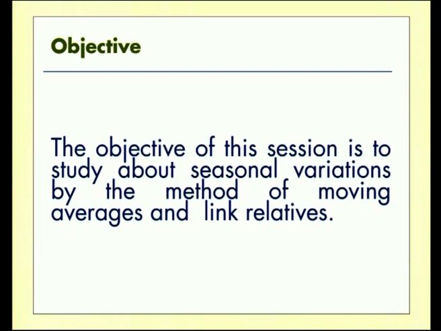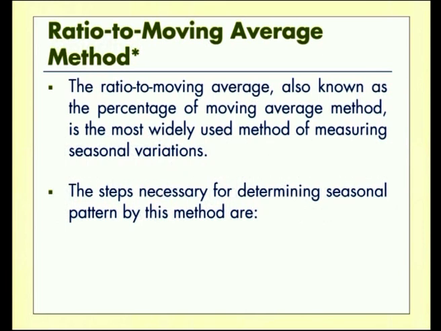In continuation of that talk, in this session we are going to talk about the calculation of seasonal variations by the method of moving averages and link relatives method. So, first of all, the ratio to moving average method.